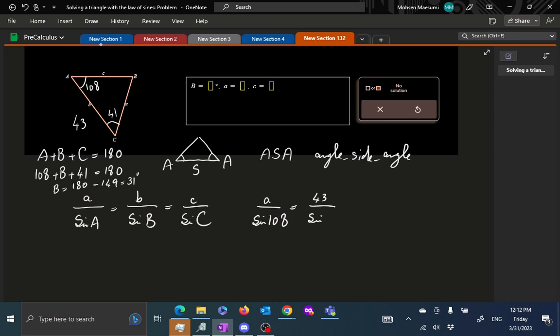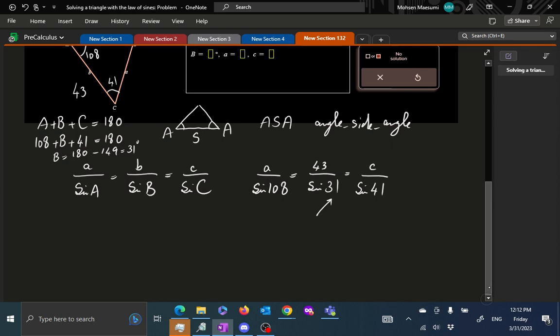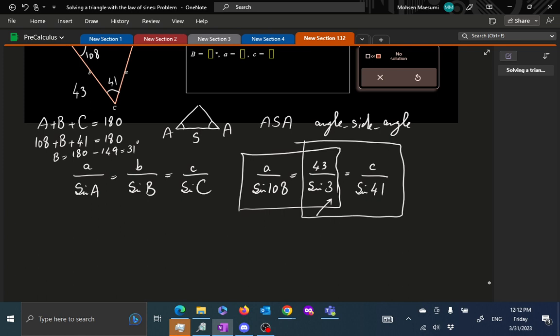So the angle B we calculated to be 31 degrees, so that the sum of all angles adds up to 180, and that is equal to c divided by sine of C, which is sine of 41 degrees. So this is going to give you two equations, this one and then this one. Let me make sure this is readable. This is 31.